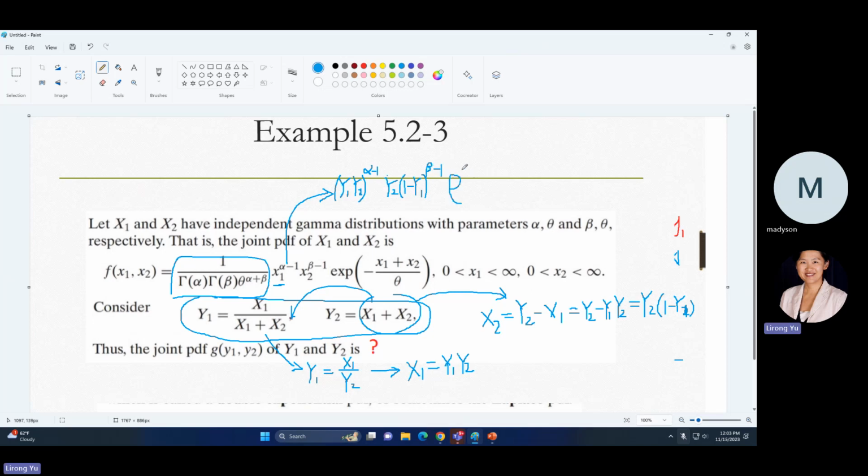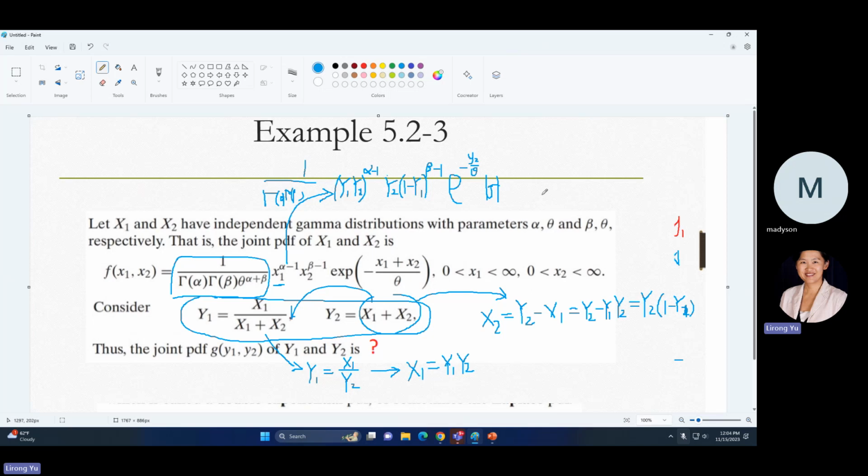And this is going to be e to the negative y2 over theta. And together with everything, gamma alpha, gamma beta, and also all that coefficient. And then other than that, we have to multiply a Jacobian, to try to find out the Jacobian matrix from there.